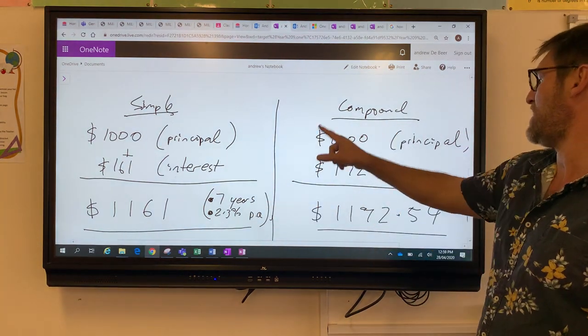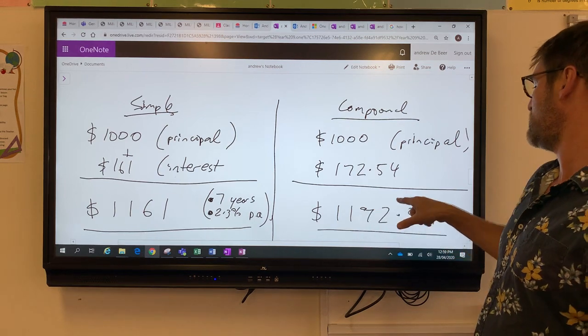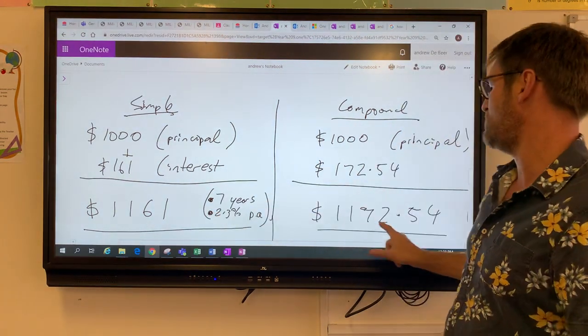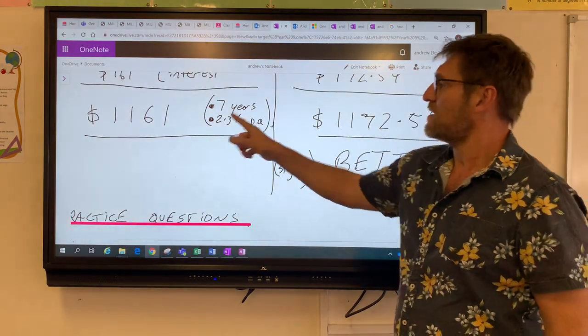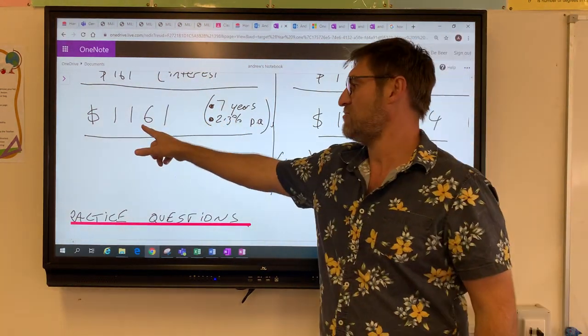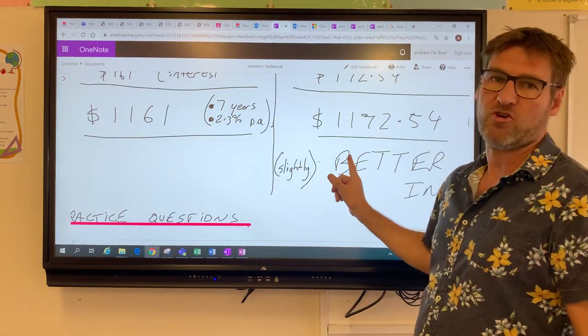Compound interest, just in one go, chucking it into the formula, $1,172. So comparing the two, you do make slightly better money. 161 in interest versus 172, so a little bit better interest on compound interest.